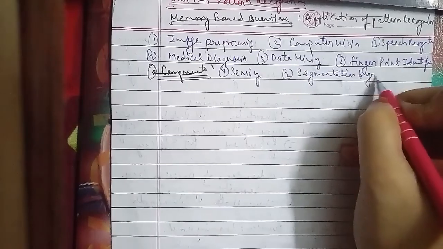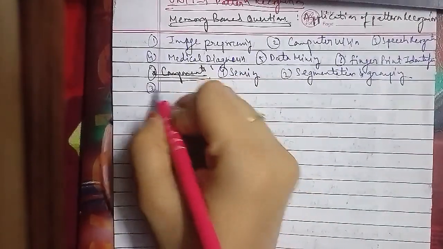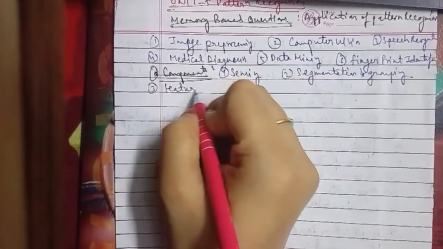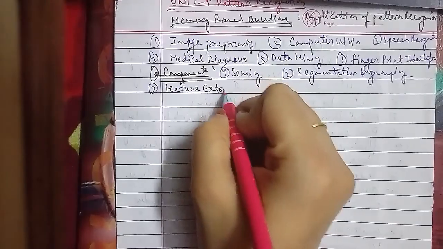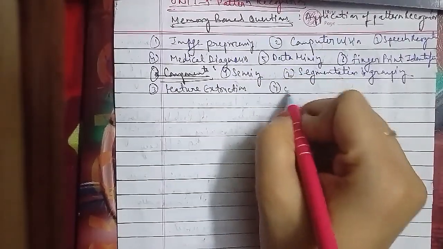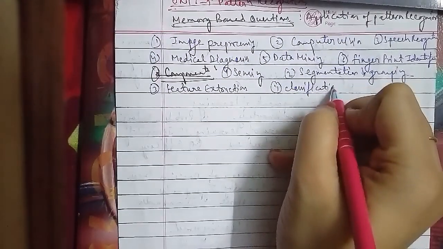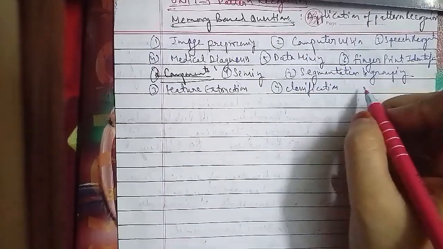The second activity is feature choice. The third is model choice. The fourth is training. And the fifth is evaluation.